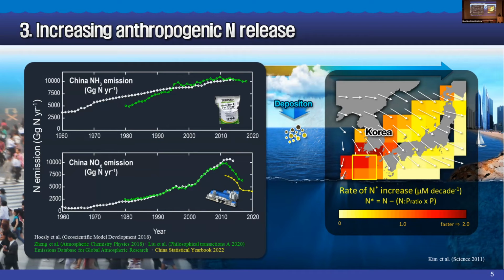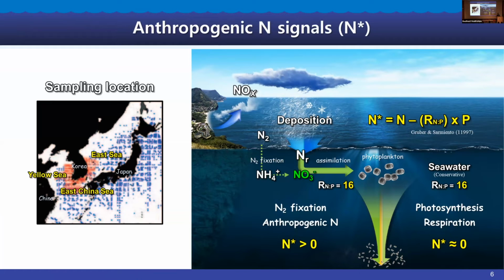Once the anthropogenic nitrogen compounds are released into the atmosphere, the westerly wind in this region of the Pacific carries them eastward. During this long-range transport, the nitrogen compounds, nitrate and ammonium ions, enter the ocean through dry and wet deposition. So we tried to identify the anthropogenic nitrogen signals in the marine environment.